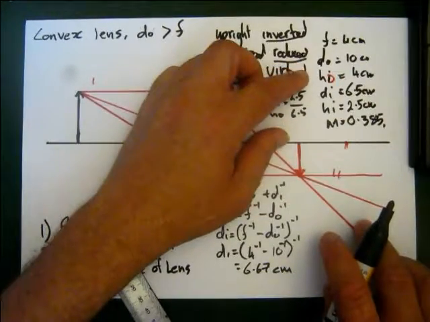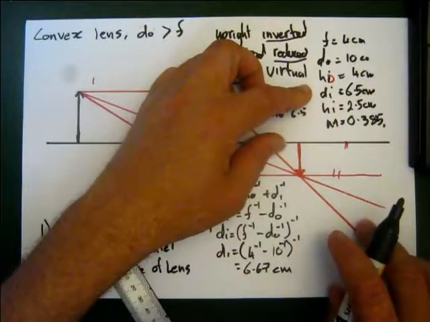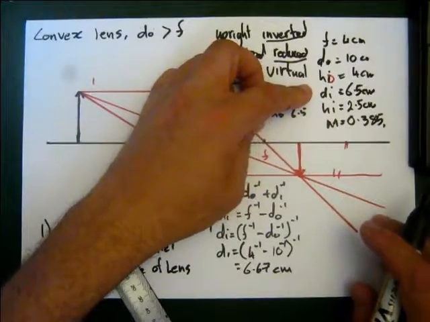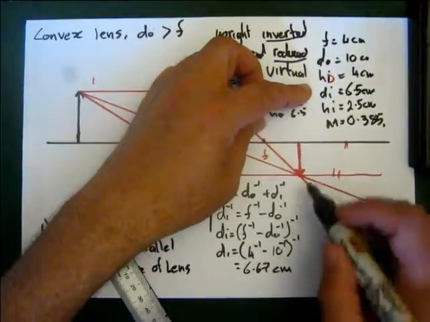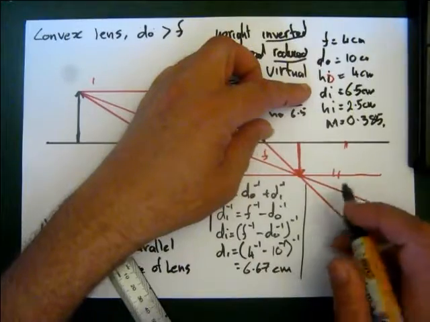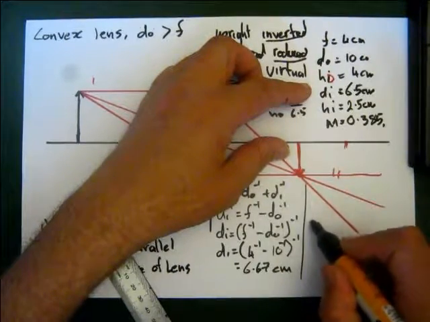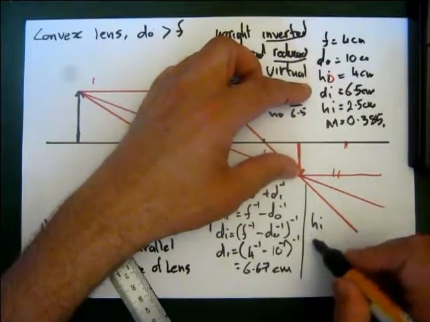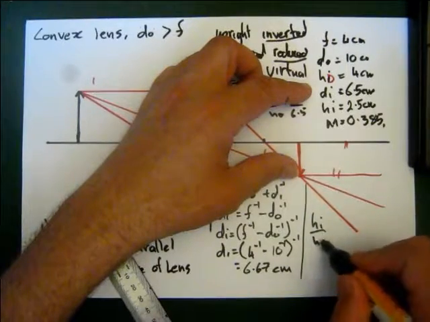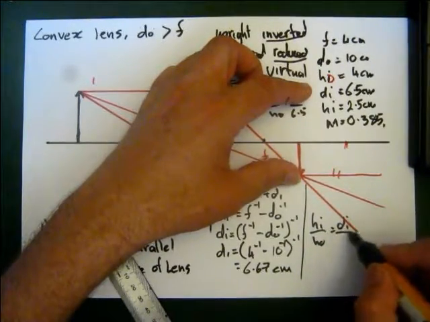What did I have? I had 6.5, so that's not far out. And then the height of the object, remember, height of image over height of object equals distance of image over distance of object.